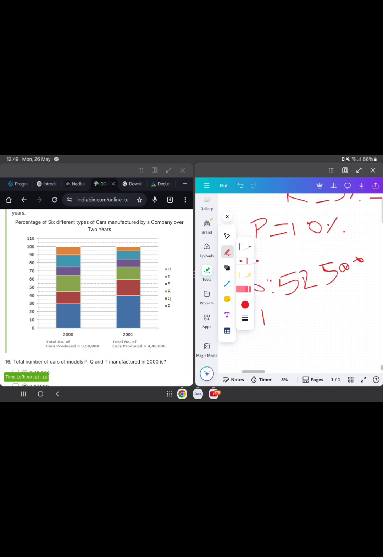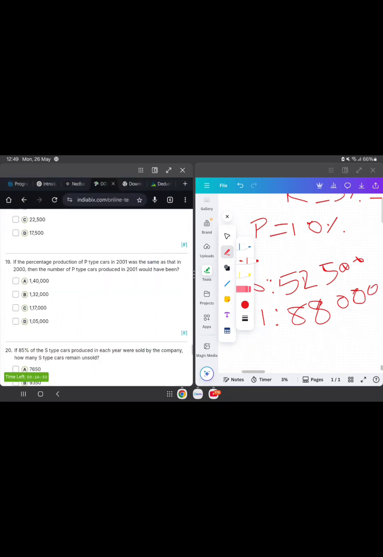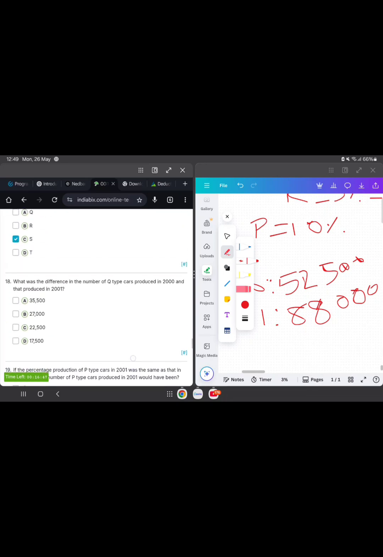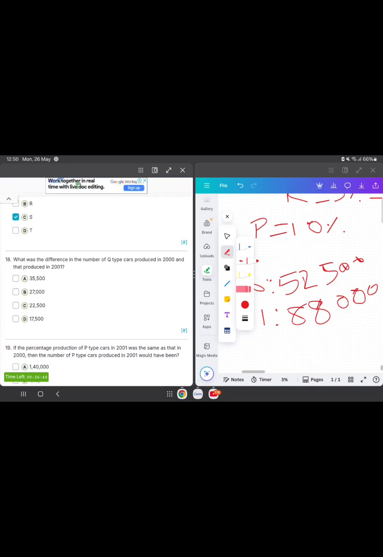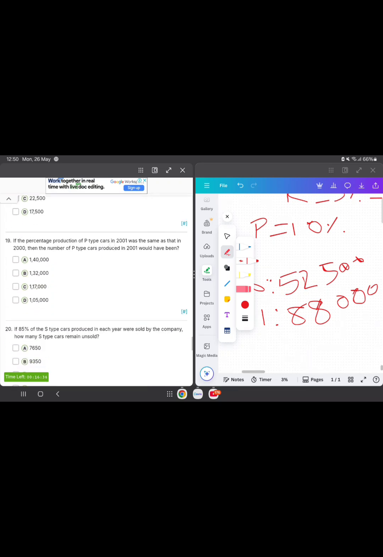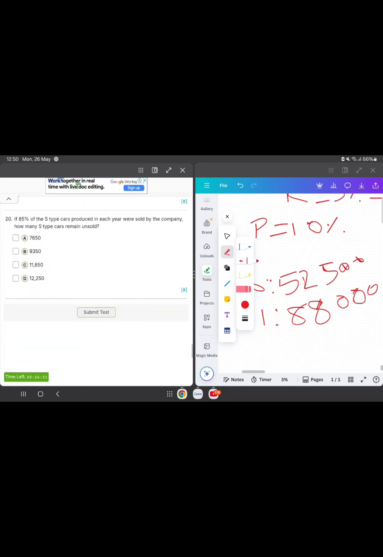And then for 2001, we've got 20% of 440,000, which is 88,000. Then the difference in the number will be 88,000 minus 52,500, which is 35,500. That's A.